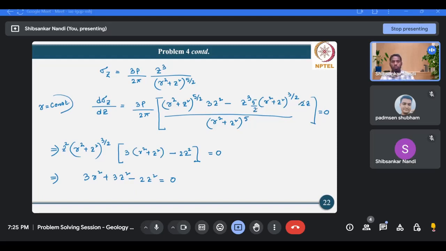So this 2 will cancel out. This will be 5z square: 3r square plus 3z square minus 5z square equals 0, or 2z square equals 3r square.